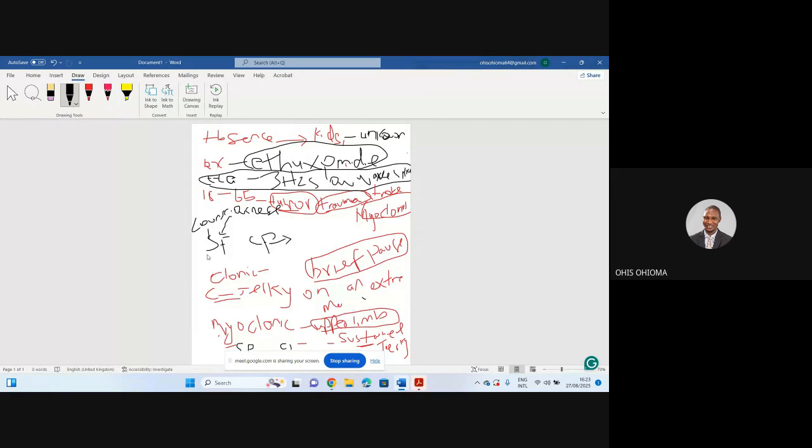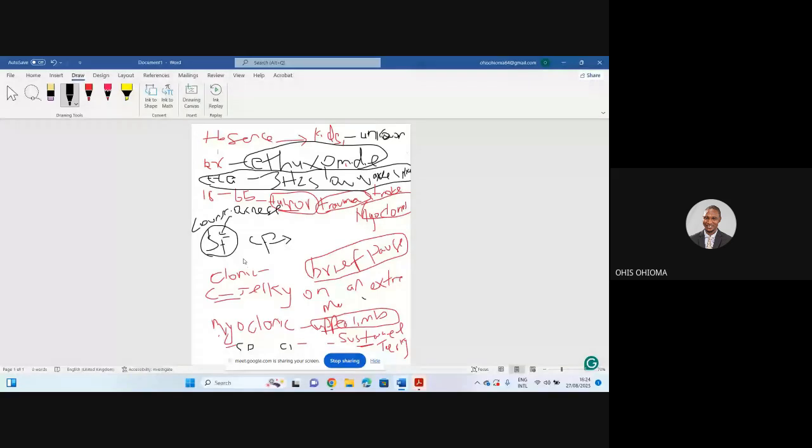But for the complex partial, it presents in two ways. It initially starts as a simple seizure where the patient is aware of his surrounding environment, and then it transcends into a situation where the patient is no longer aware. The patient might have jerky movements of the hand while aware of his environment.